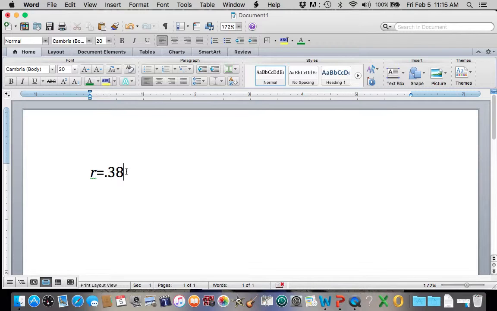If there is a minus sign in front of the R, that means the two variables move in the opposite direction.